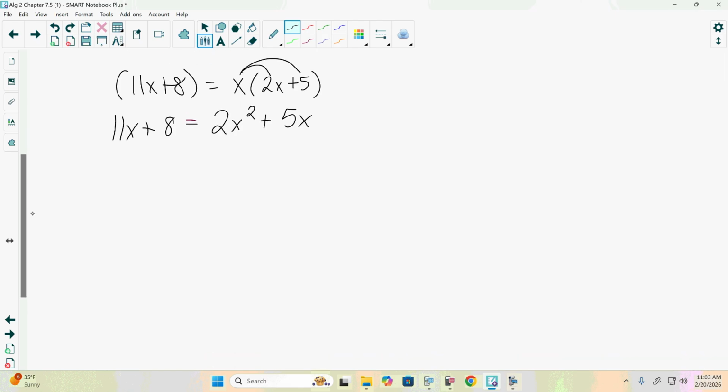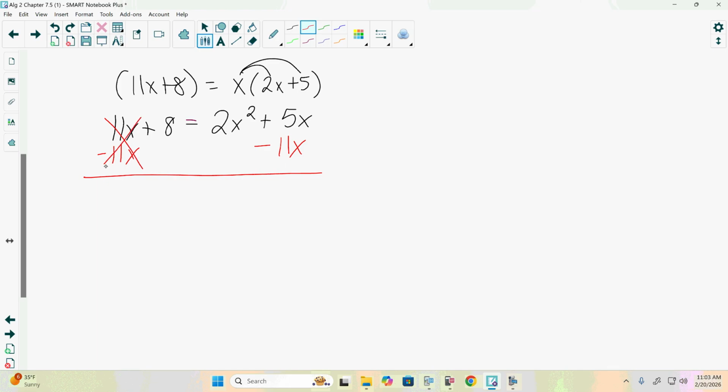Now this is a little different than all the ones we've done up to this point because we actually have an x squared term. Anytime we get x squared, x cubed, a variable to a power bigger than 1, we need to get this equation equal to 0. So what we're going to do is move everything over to the same side.